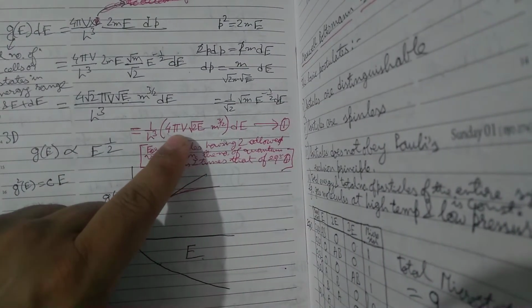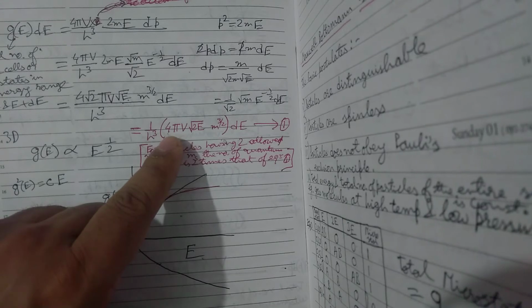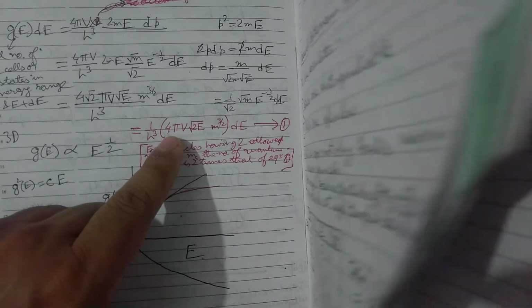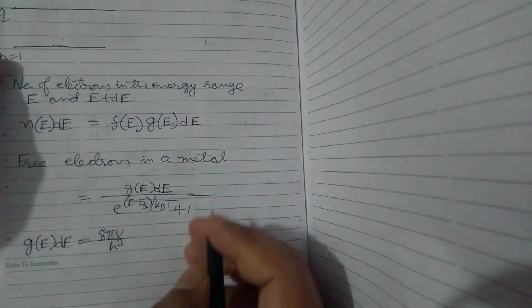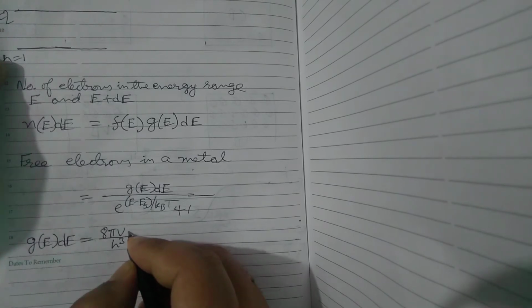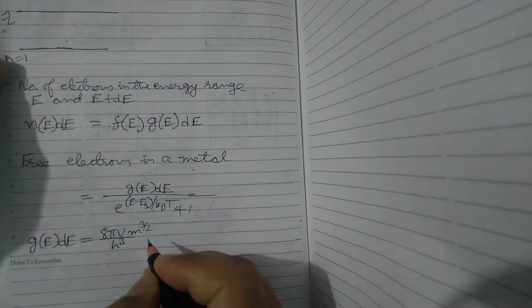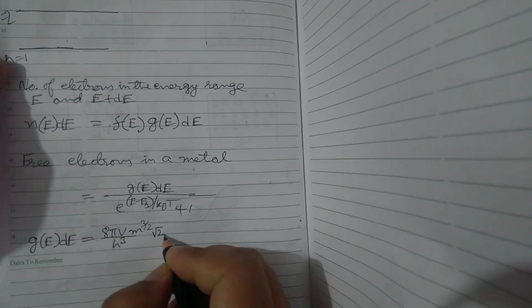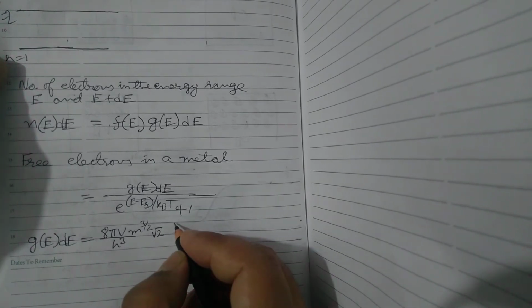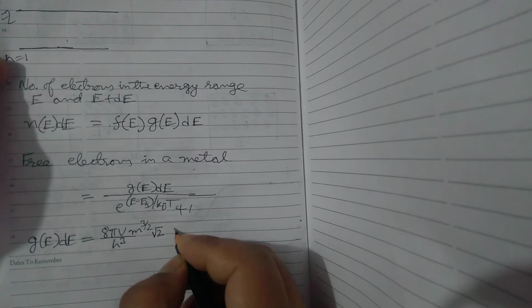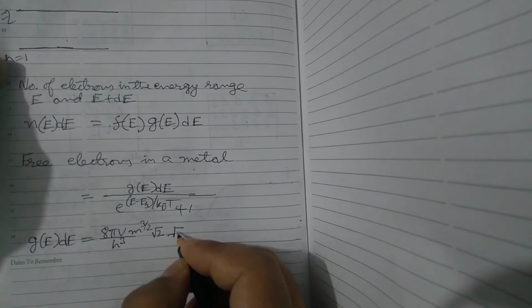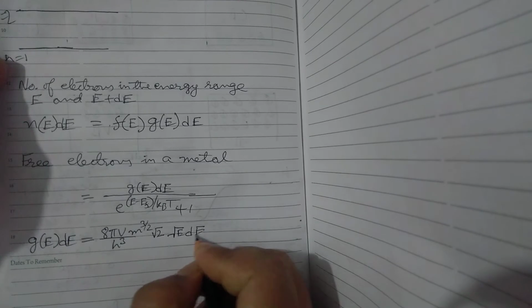8 pi V by h cube into square root of 2 into m to the power 3 by 2 into square root of E into dE.